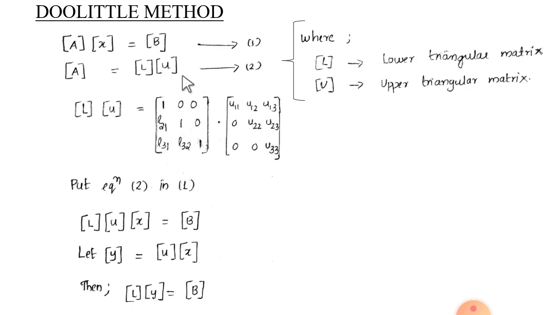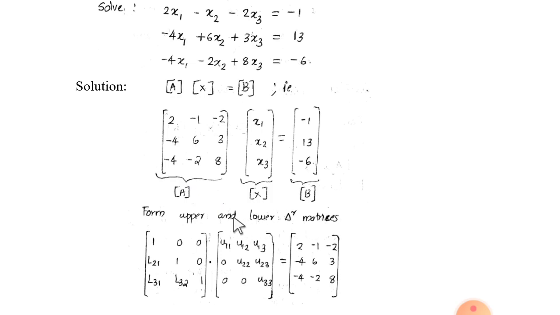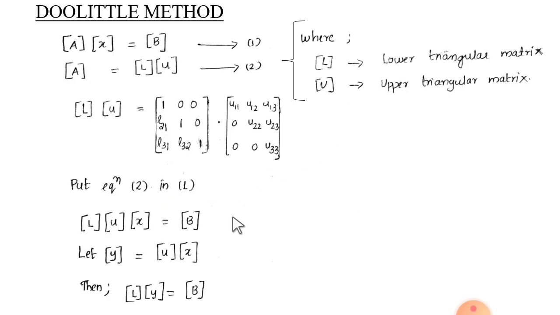Now you have to put equation 2 in equation 1, then you will get LUX equal to B. Now put the matrix Y equal to UX, then this equation transforms to LY equal to B. Here L is the lower triangular matrix, and this equation can be used to solve for Y by a simple procedure of forward substitution.